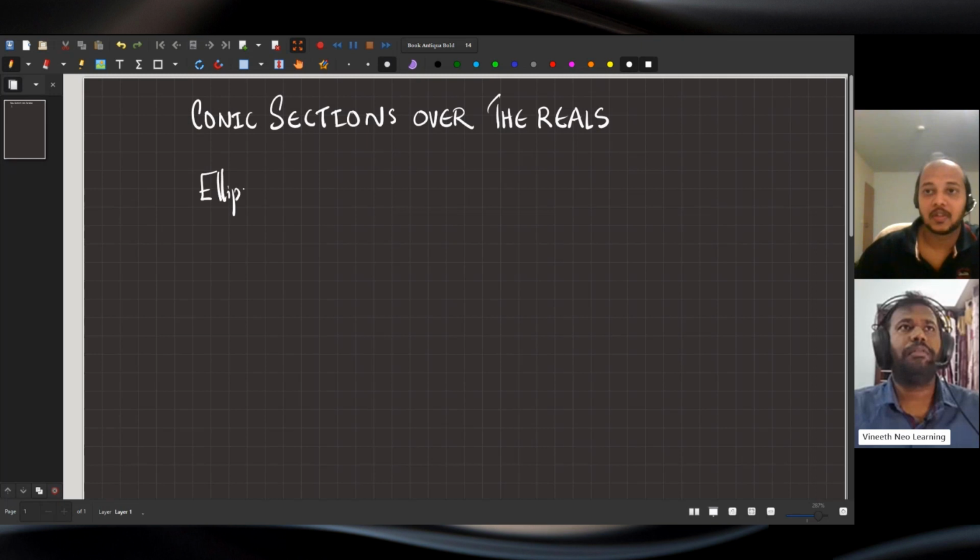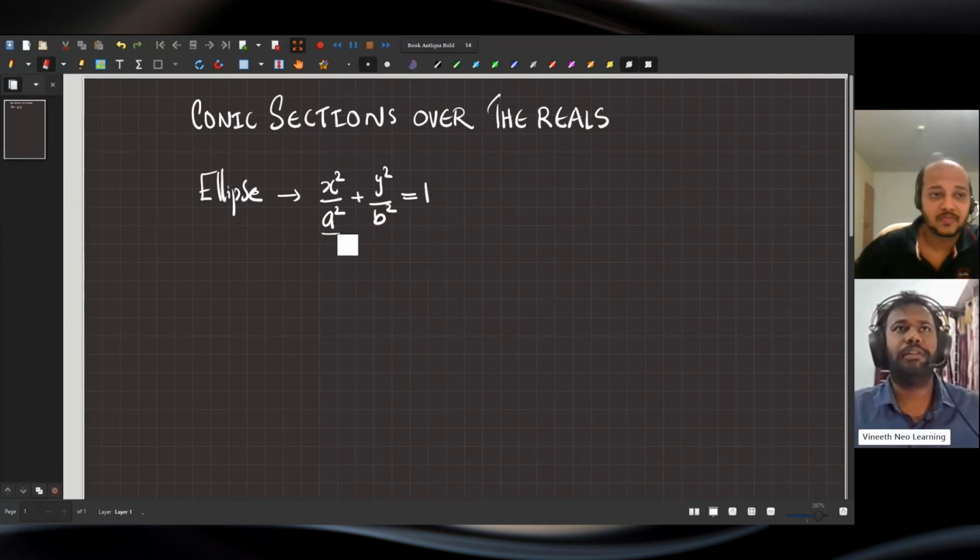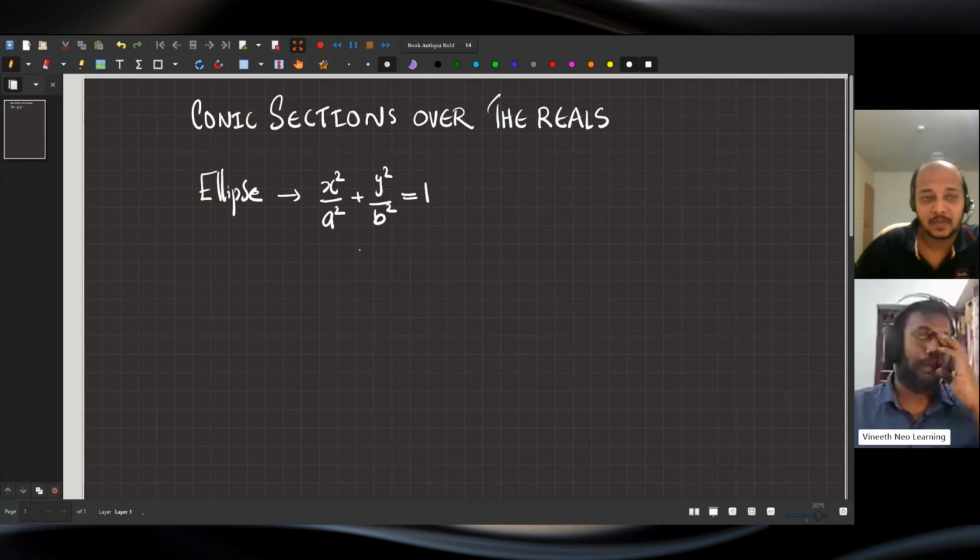Ellipse: what's the equation of an ellipse? x squared over a squared plus y squared over b squared is equal to 1, where a is known as the semi-major axis and b is called the semi-minor axis.